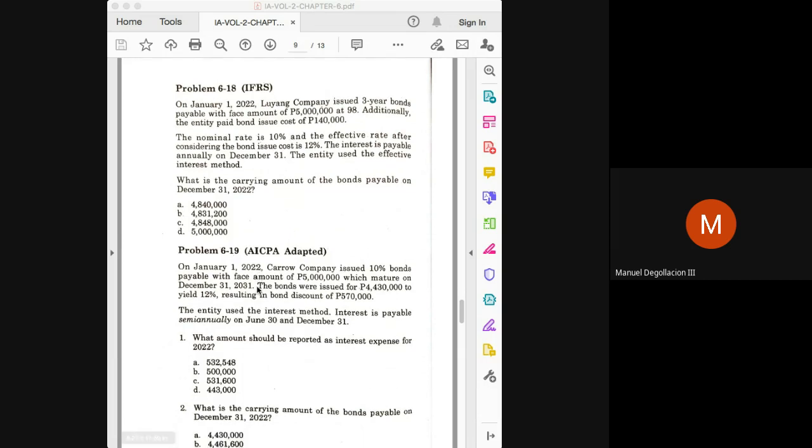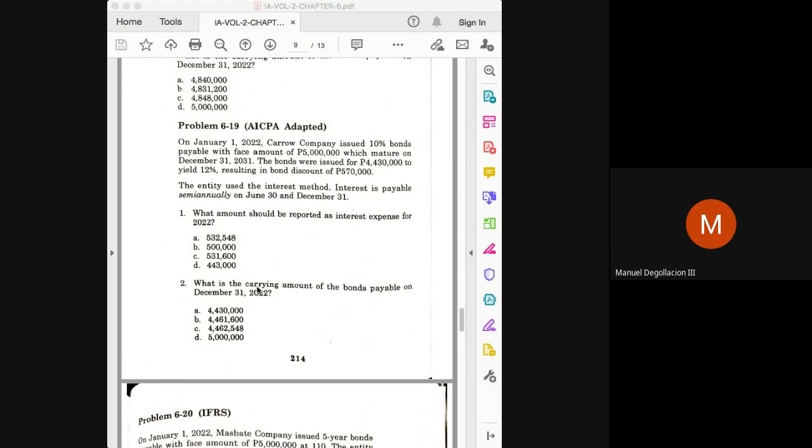Okay, let's proceed to problem 6-19. On January 1, 2022, Caro Company issued 10% bonds payable with face amount of 5 million, which mature on December 31, 2031. The bonds were issued for 4,430,000 to yield 12%, resulting in bond discount of 570,000. The entity used the interest method.